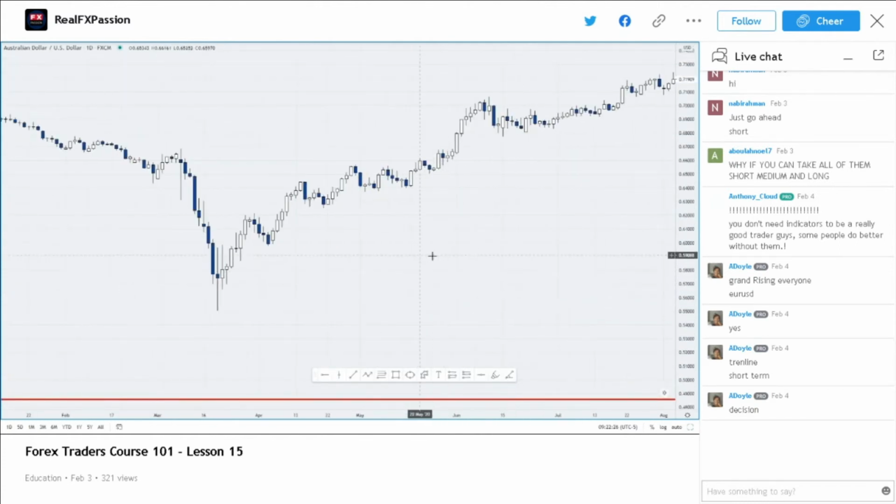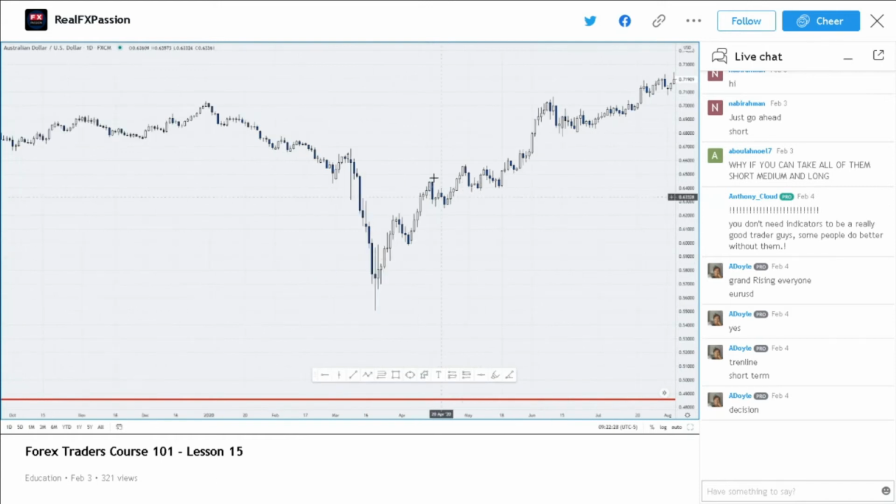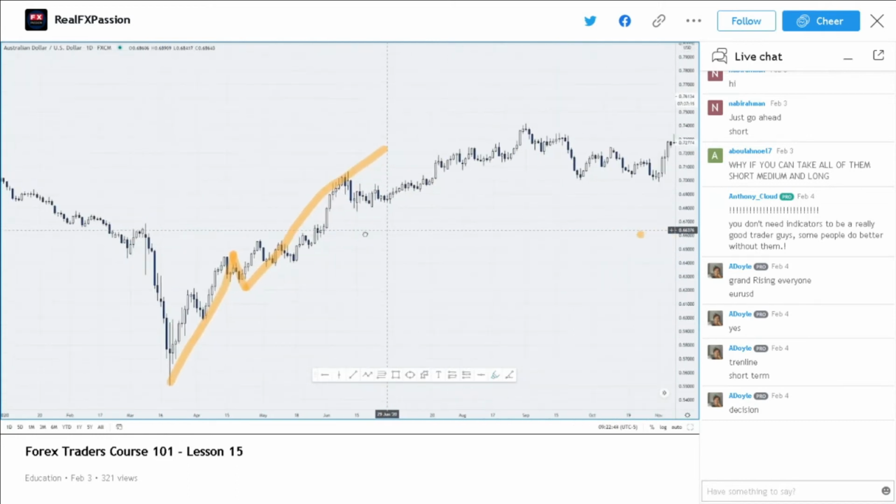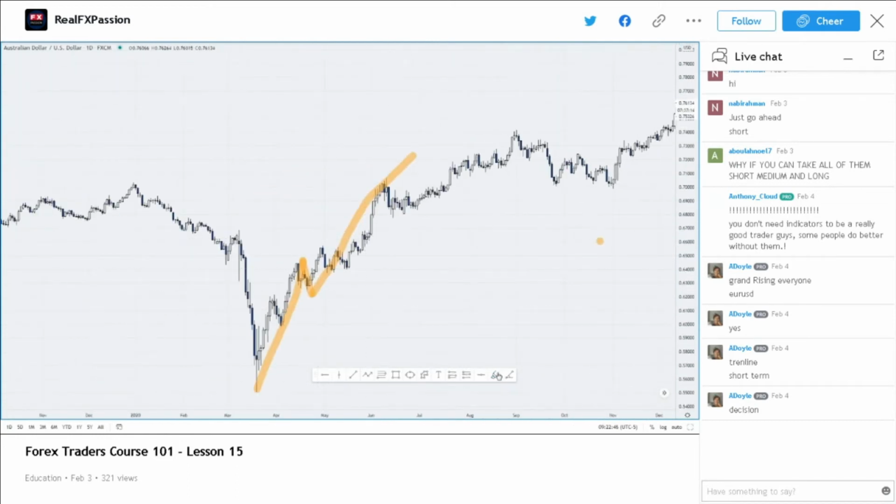So let's go step by step. Short-term downtrend, high to low, low to high, high to low. So need to pay attention. Extension, retracement, extension until here. So extension, retracement, extension. This is the next one.